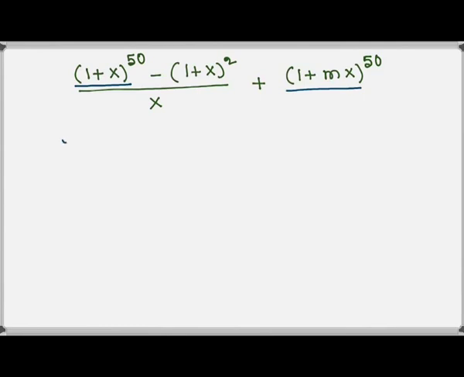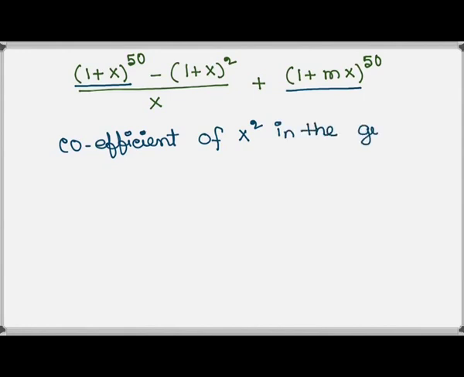So, we write the coefficient of x square in the given sum is equal to 50 C3 plus m square into 50 C2.